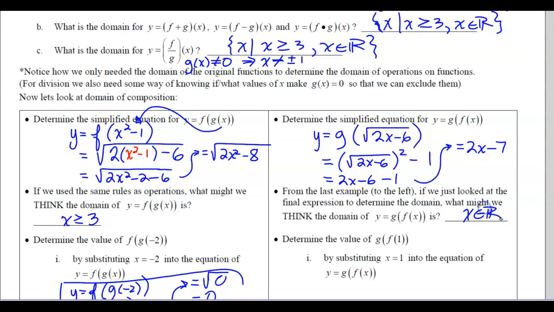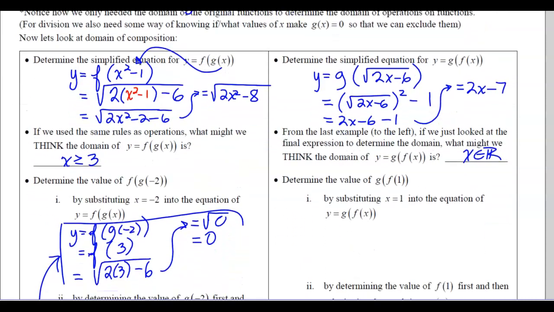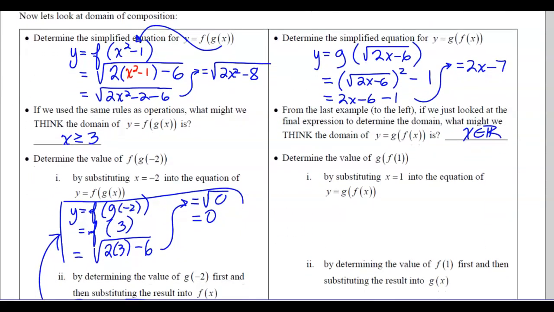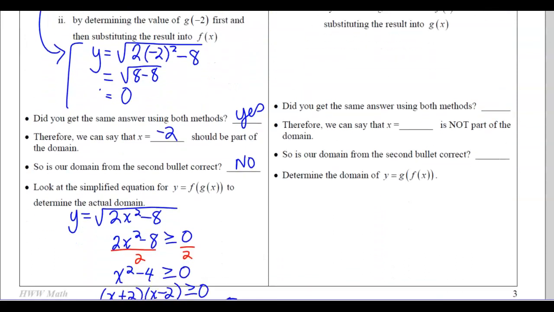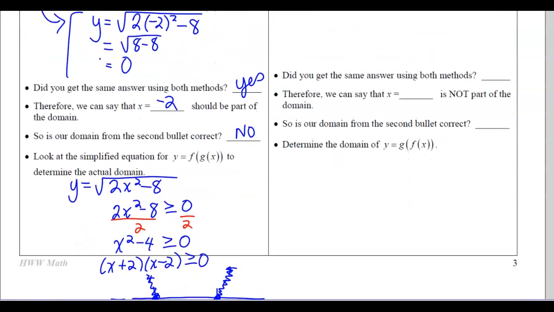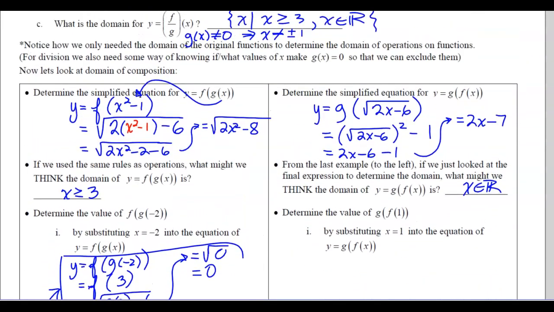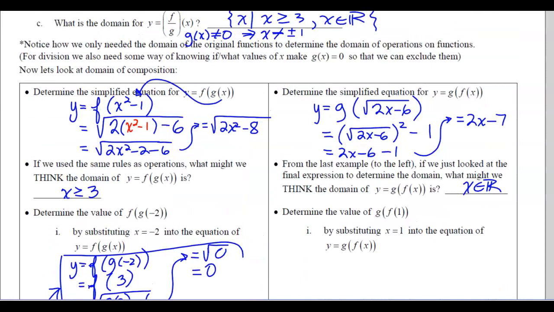And that's kind of what we were doing in the previous example, we used the final expression to find that domain. So if we're thinking, okay, let's do that here, that's what we would get. So now here's an example.